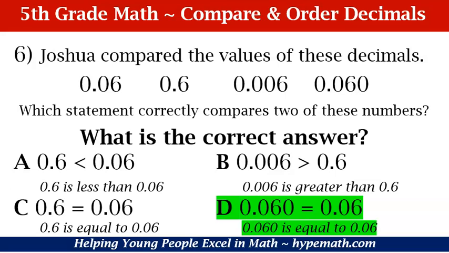Because this is a review, if you remember when you learned about decimals, the 0 is like a placeholder, okay? So we have 0.060, and we have it equal to 0.06. Well, we really don't need that 0 at the end.